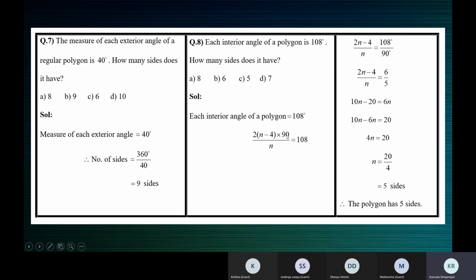So how do we solve this? First, the 90 in the numerator is taken to the other side, to the denominator, so it is written as 108 by 90. That's the first step. 2 into n is 2n. 2 into minus 4 is... Okay, here I think, what have I done?